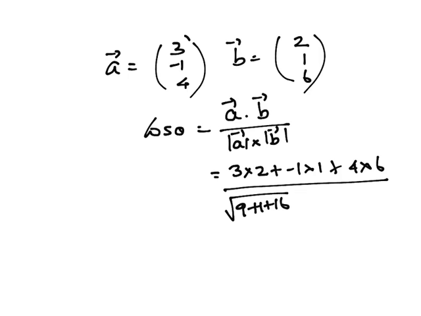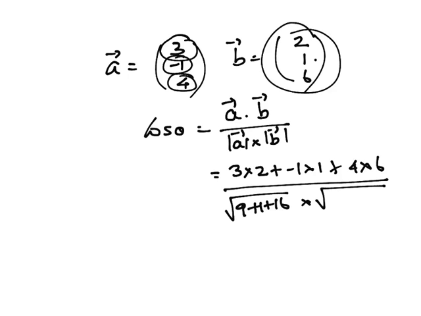So basically I am squaring 3, minus 1 and 4, then adding them and taking the square root. And again the magnitude of this vector: square of 2 which is 4, square of 1 which is 1, square of 6 which is 36. So basically you will get 6 minus 1 plus 24, so 29, divided by square root of 26 multiplied with square root of 41.